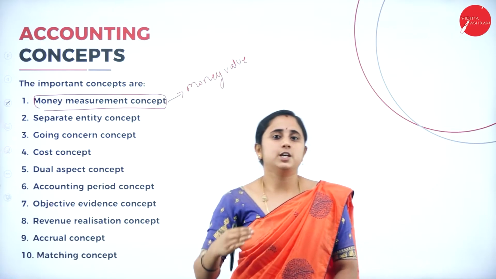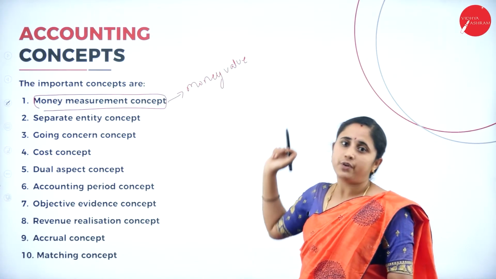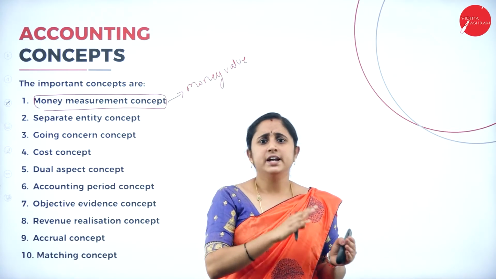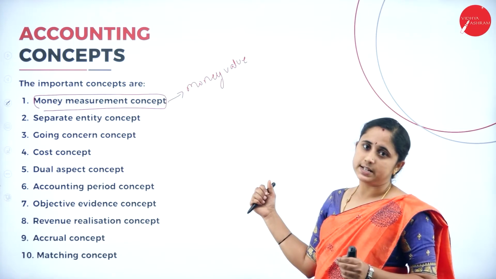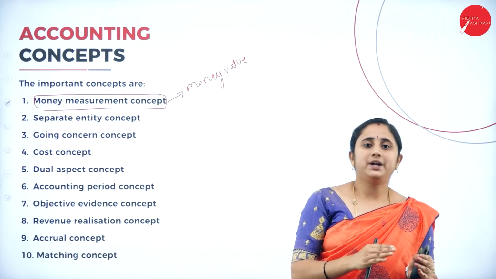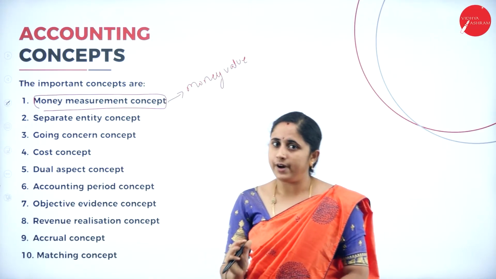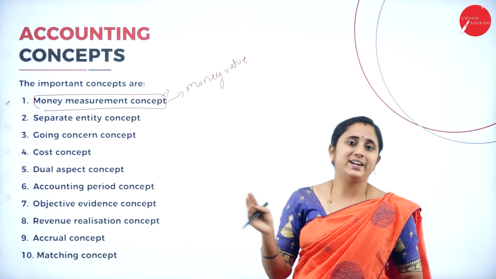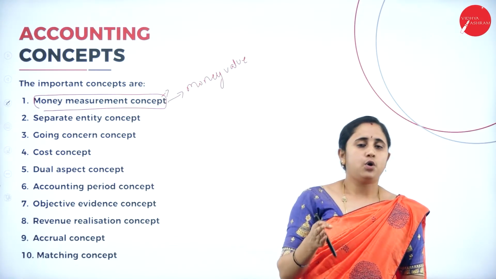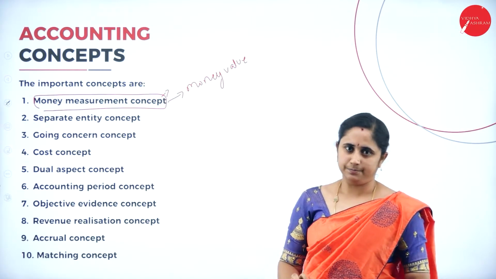You cannot record this in the books of account because it will not affect the financial position of the business. So, it cannot be taken as an economic event or monetary value. This concept says record only the monetary value, or what is expressed in terms of money.